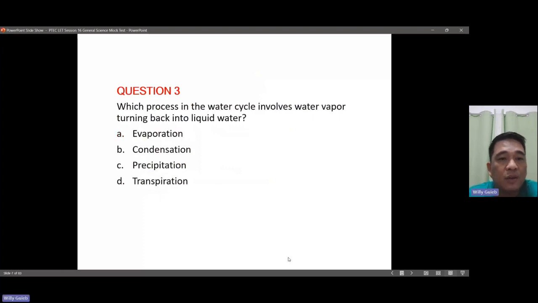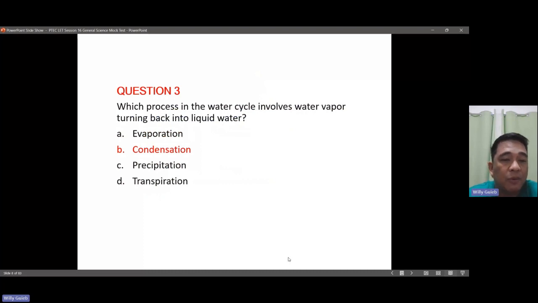Question 3, which process in the water cycle involves water vapor turning back into liquid water? A. Evaporation, B. Condensation, C. Precipitation, or D. Transpiration. Keyword for the question is water vapor to liquid water. So if there is water vapor that turns back into liquid water, ang tawag po natin dito ay condensation.